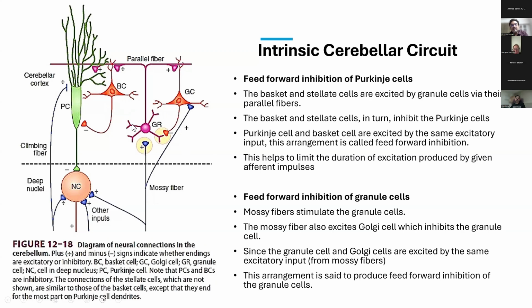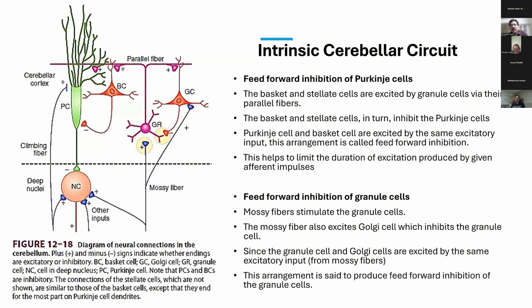In return, the basket cells and the stellate cells inhibit the Purkinje cells. See, the primary input is excitatory. It goes to the granular cells and then to the basket cells and the stellate cells. They excite it. In the same phase, the basket cell gives an inhibitory signal to the Purkinje cells to stop the excitation.